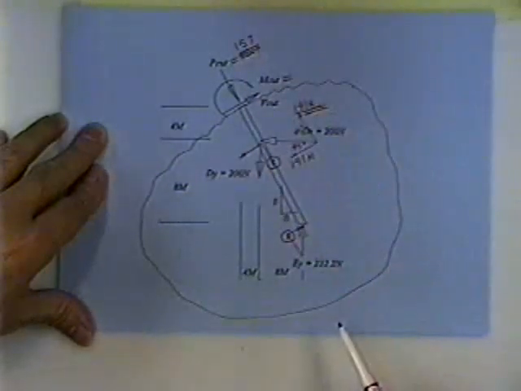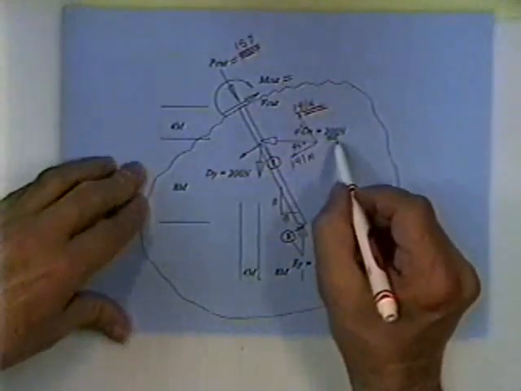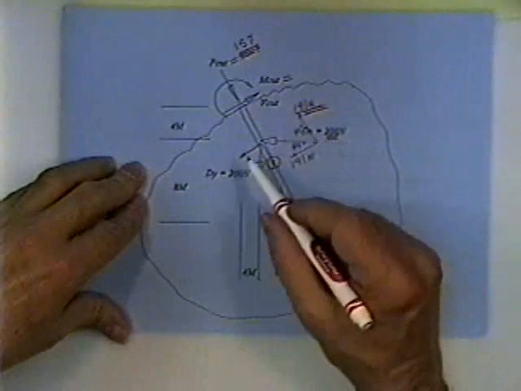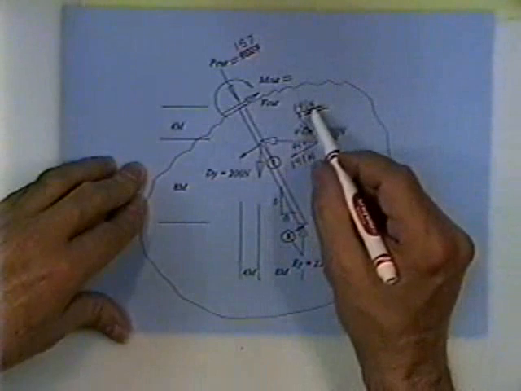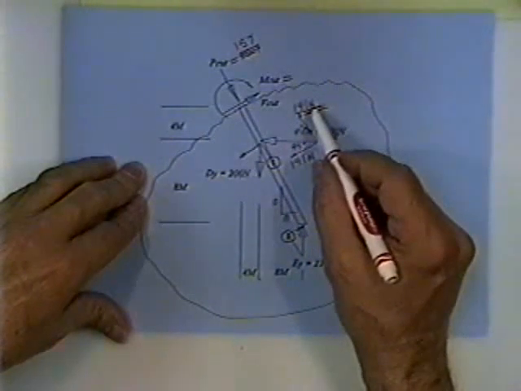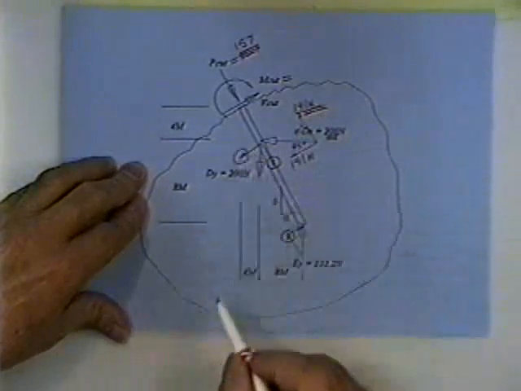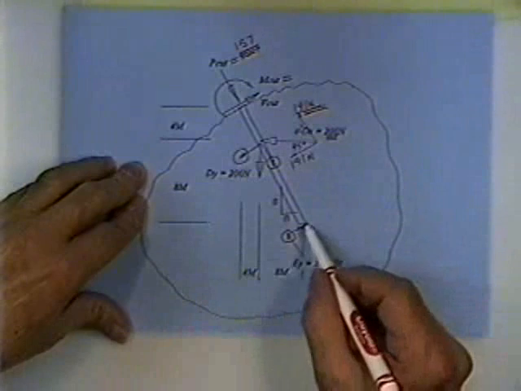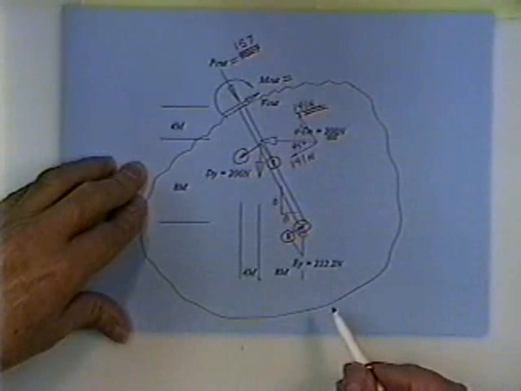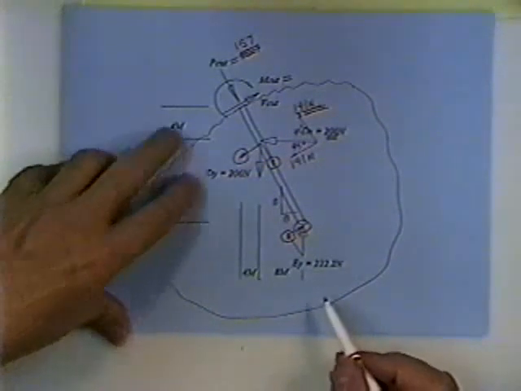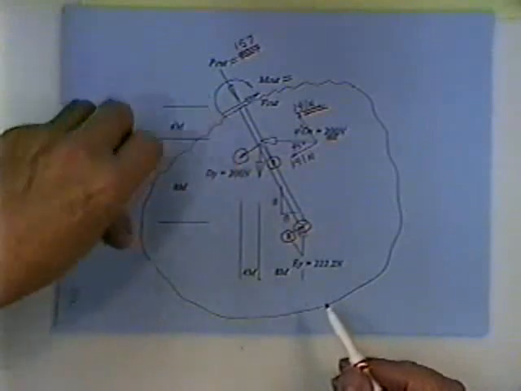M cut would be caused by the 200 newton transverse force of 141 newtons, and this Dy's moment and this Ey's moment. You'd simply add up each of those forces' moments, multiply times their moment arm to solve for M cut.